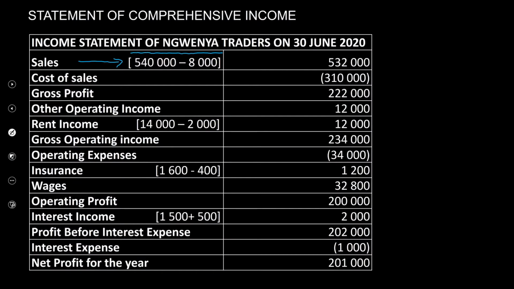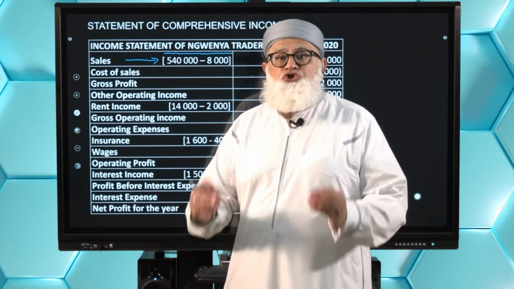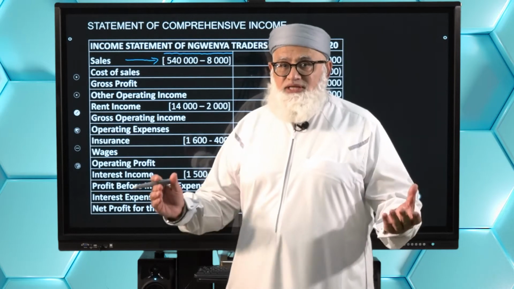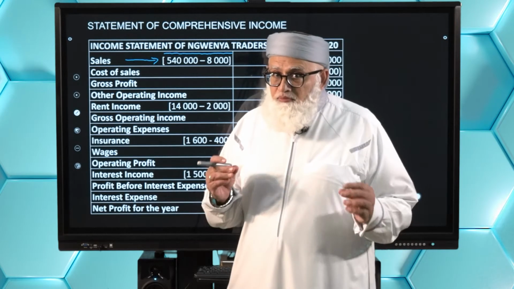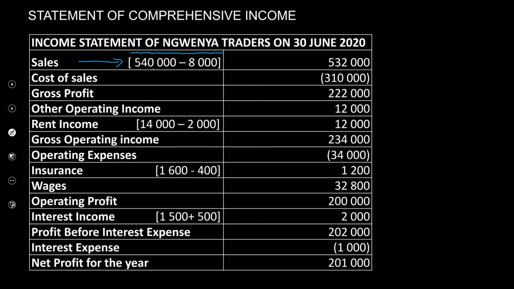So the first step that you do is go into your trial balance, find your debtors allowances and subtract it from your sales. Now it is imperative, it is important, it's absolutely crucial for you to show your calculations in brackets, because you can be rest assured that you always get part marks when it comes to showing your calculations.